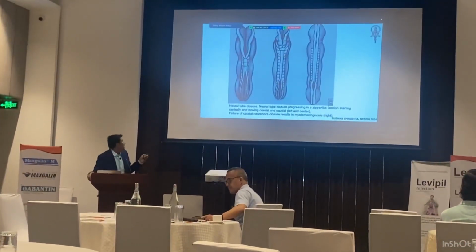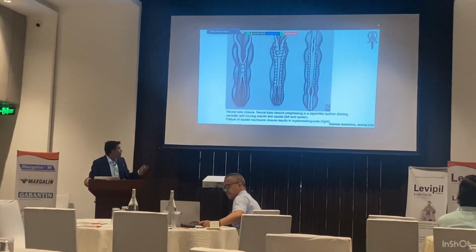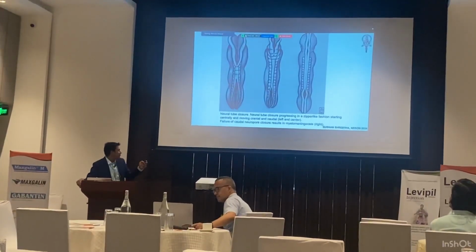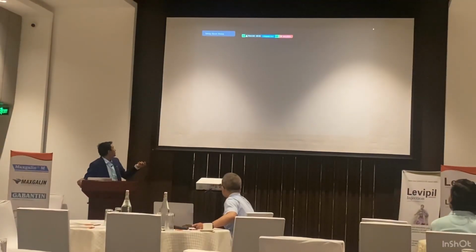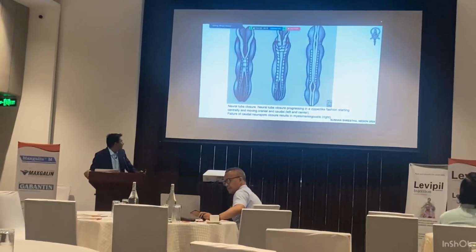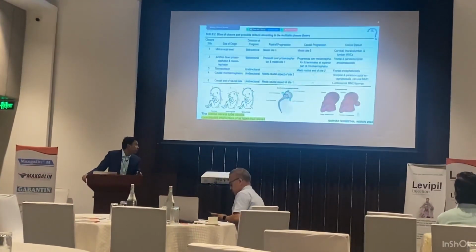So here the cells are being arranged from the central to the cranial, and then it goes caudally. So in the right picture we can see the myelomeningocele, which is a failure of the caudal neuropore.